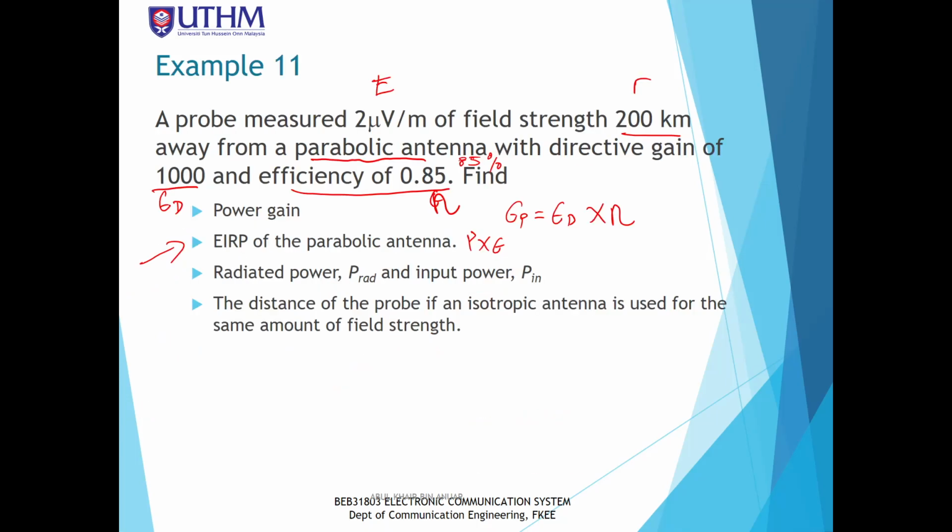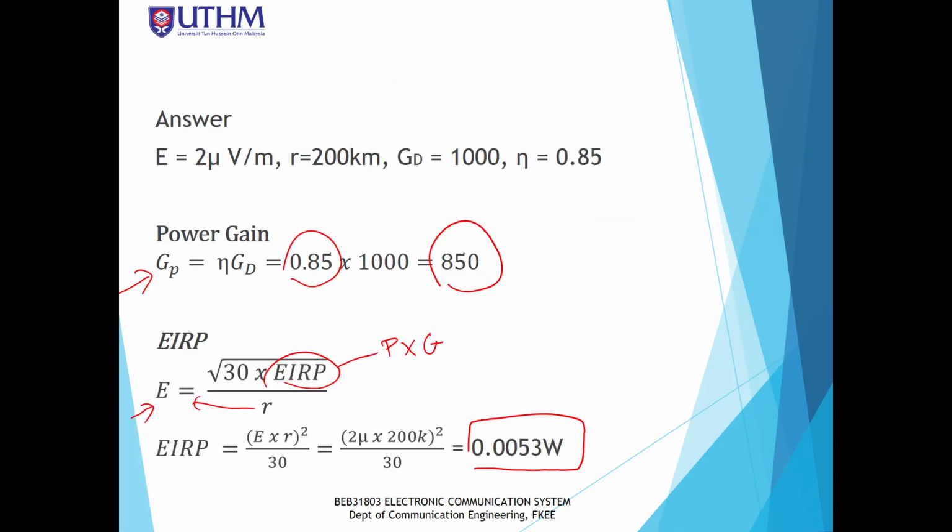So this is the EIRP, regardless of whether you use P in multiplied with GP or P radiation multiplied with GD. You will get the same answer.